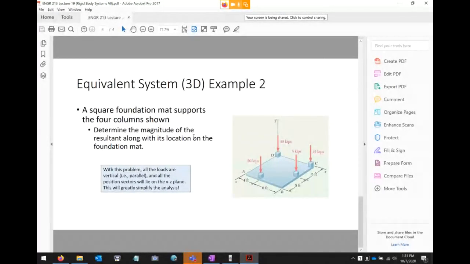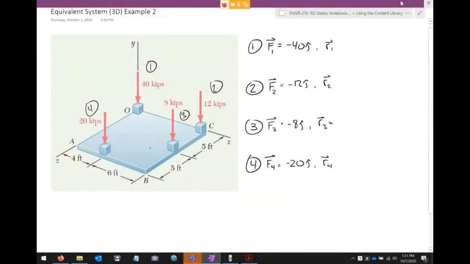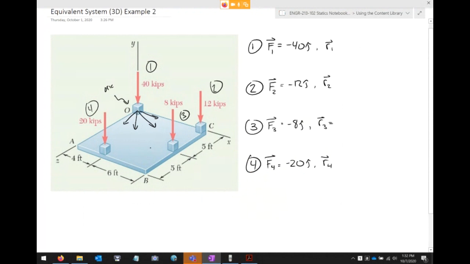So we have: determine the magnitude of the resultant along with its location on the map. What we're going to do is, in order to handle this appropriately, assume that all of the position vectors, let's just measure them all from the origin. So we need to determine an R1, R2, R3, R4 from the origin.